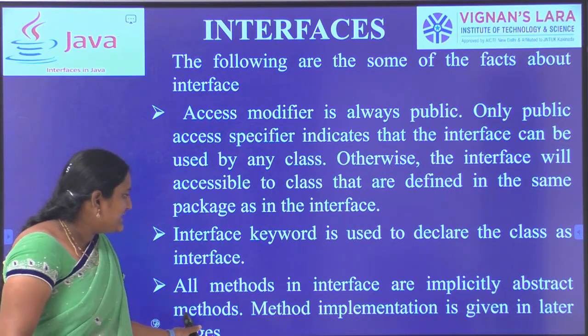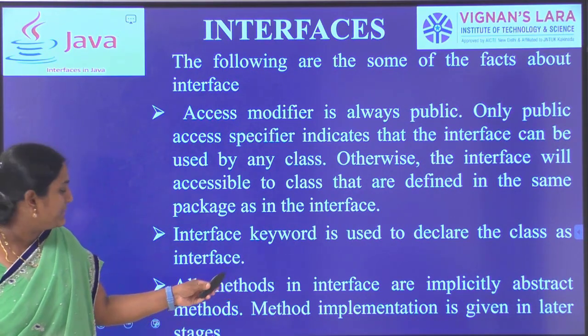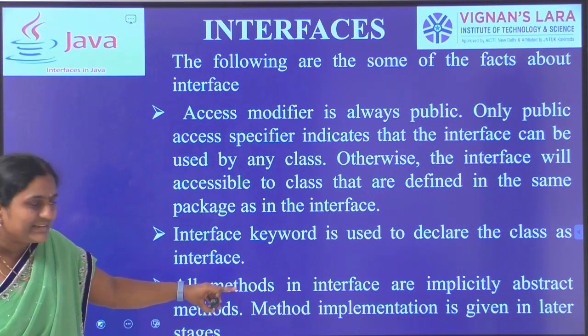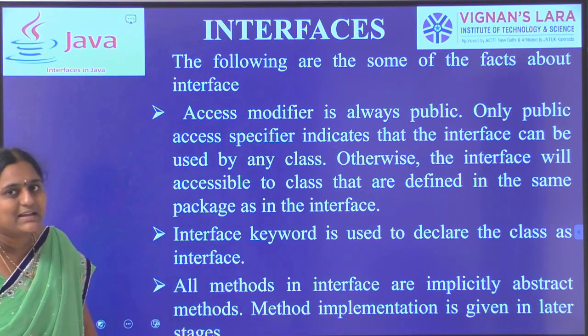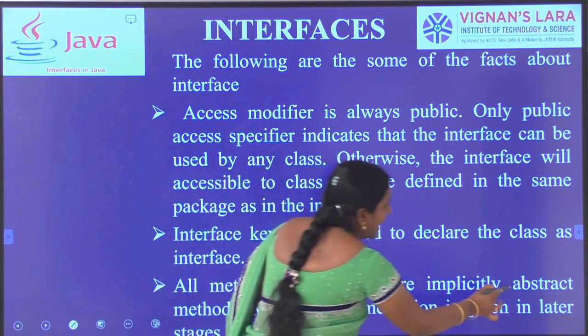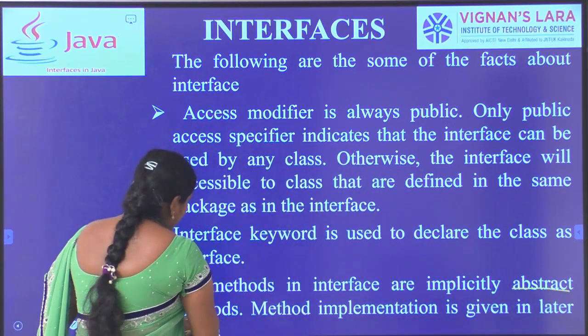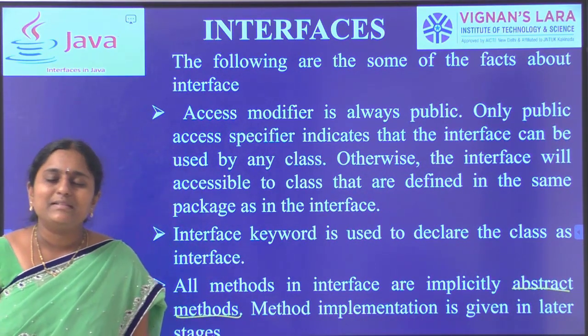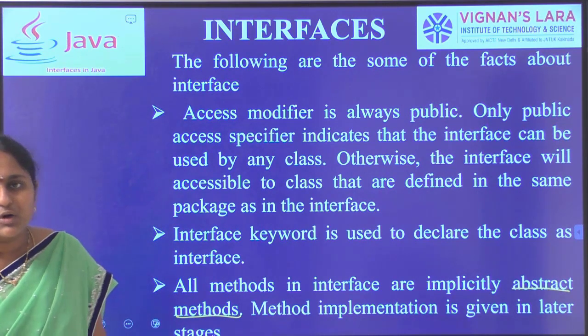Next, all the methods in the interface are implicitly abstract methods. What is an abstract method? Already in the last class we discussed the abstract methods concept. An abstract method is a method that has no body.